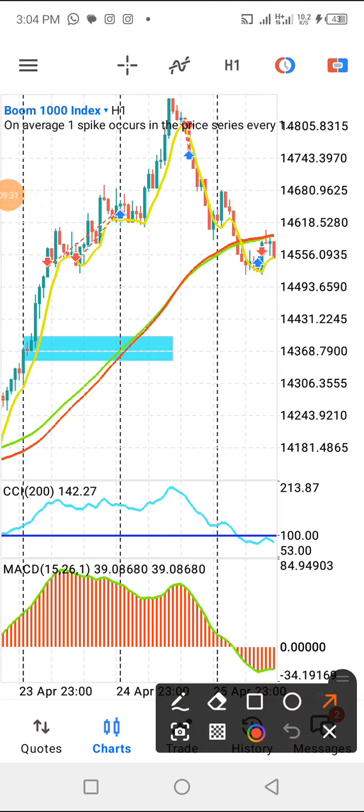Now, going with the information I just shared with you, we have that line closing below and the yellow line crossed, right? Yellow line crossed. That is 1.